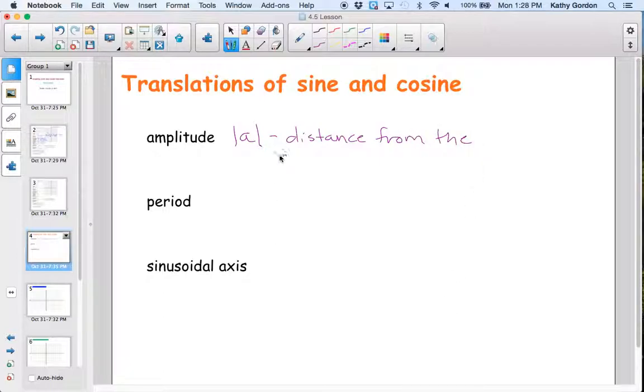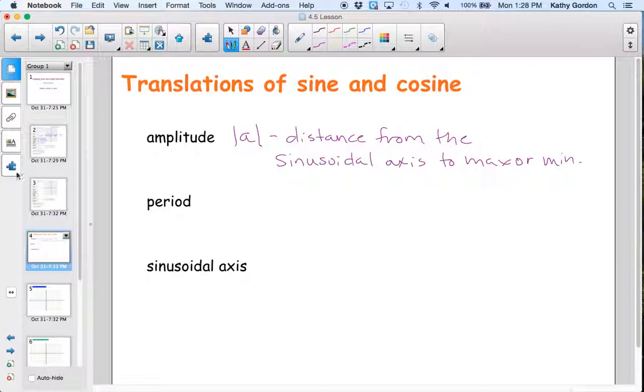I love this word, sinusoidal. It's so much fun to say. It doesn't matter if you're going to a max or a min. What matters is what that distance is.